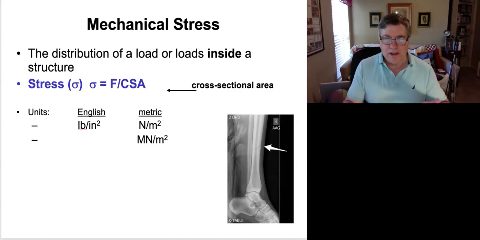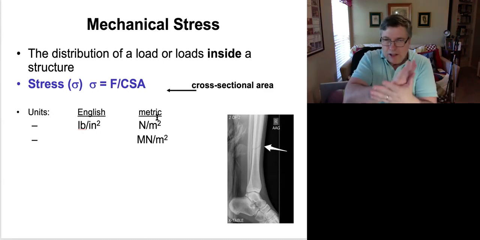So stress, again, is basically the force being exerted divided by the cross-sectional area. The units in the English and the metric system are units of force divided by units of area. But remember, it's not the same area that we saw for pressure, because that's the force being exerted on the surface.